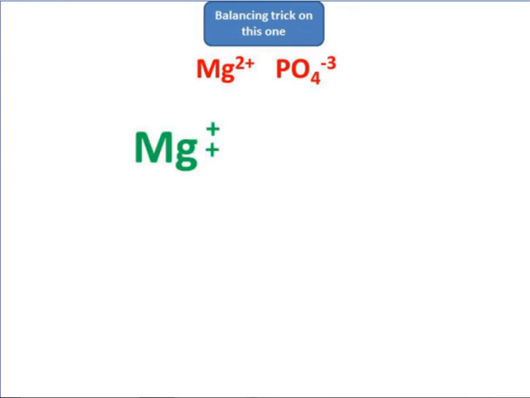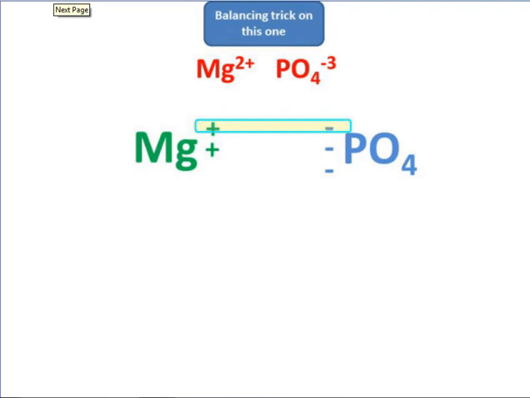First thing I want to do, visually you can see it this way. If I write out my magnesium with my 2+ signs there, those are each 2+. So every magnesium brings 2 positive charges. Well, on this side, my phosphate ion, it's bringing its 3 negative charges. 1, 2, 3. So if I write this out, then I can go with the picture.